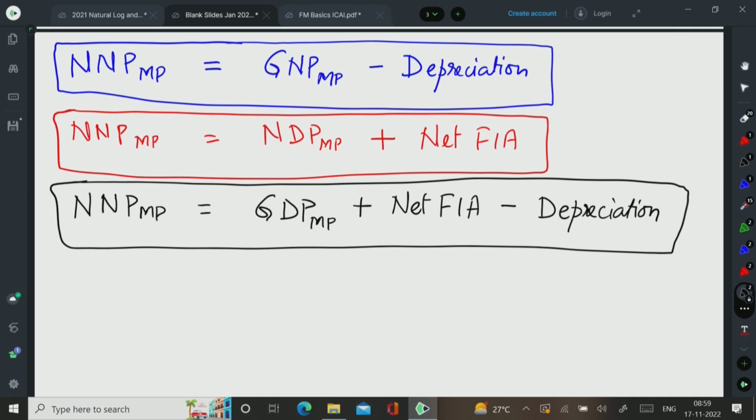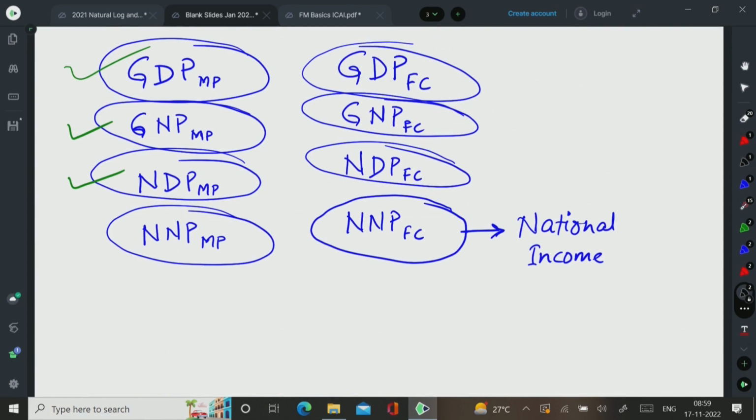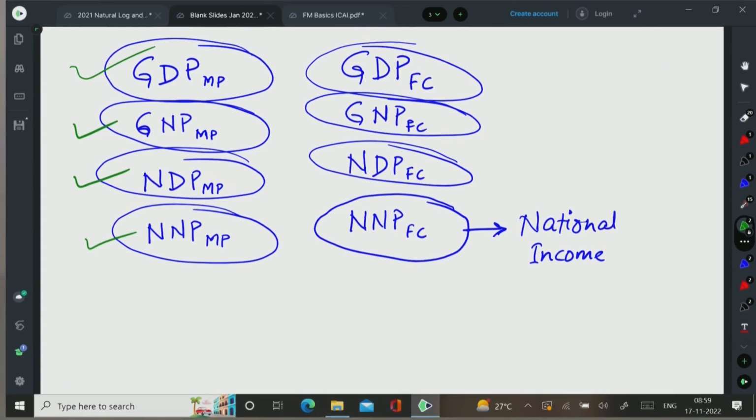Alright friends, once you have written this much, let us go back and see that we have understood this connection also, net national product at market price.